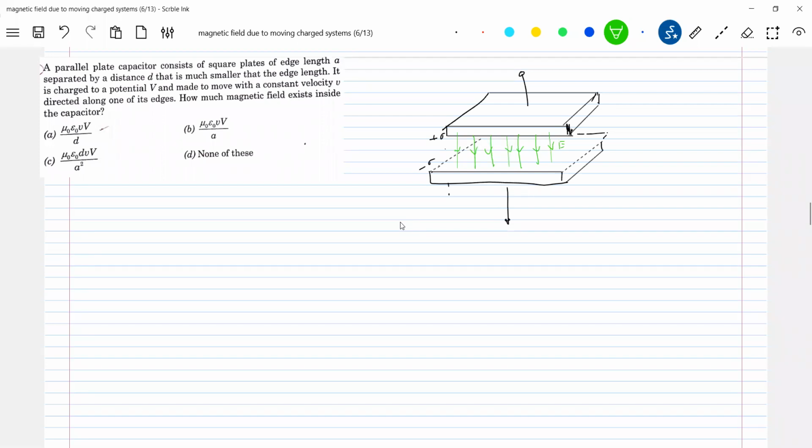We can pick any direction, so let me take it. I'll write it as U, that is small v, capital V. Now he's asking what is the magnetic field strength between the plates, in that gap.